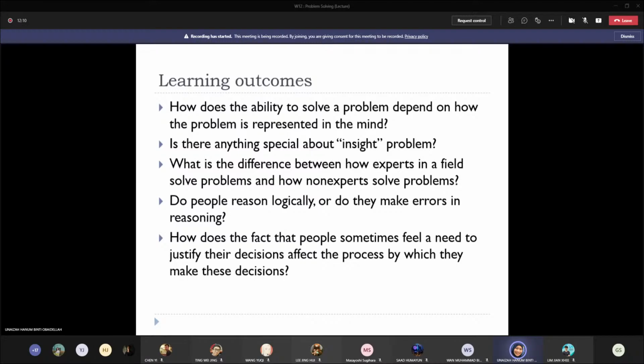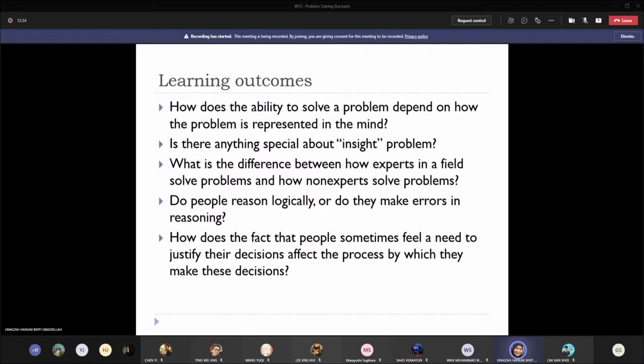We talked a little bit about insight during tutorial this week, so we'll dive deeper and look at the definition of insight and how that helps us to solve problems later. We'll also look at how experts in a field differ from non-experts when it comes to solving problems.